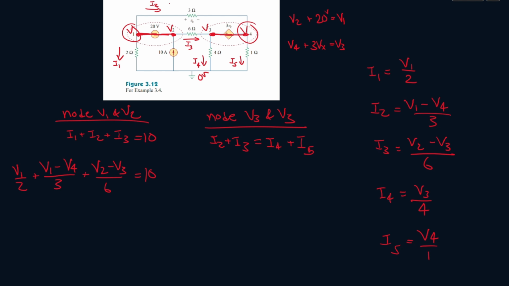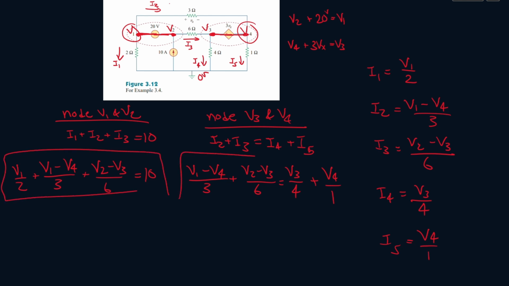And then for nodes 3 and 4, it'll be V1 minus V4 over 3 plus V2 minus V3 over 6 equals V3 over 4 plus V4 over 1. Now we have two equations finished, but we will need 2 more because we have 4 unknowns.